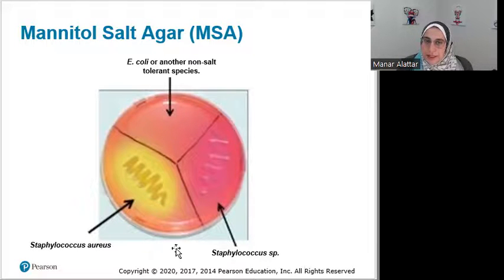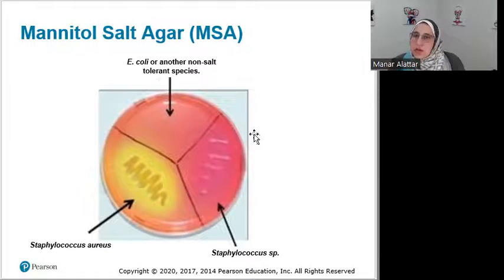So what happens here is the mannitol salt agar, the salt actually selects out for a number of different organisms. Specifically gram-negative organisms have just less protection around their physical cell, and so they tend not to be able to exist within these high salt levels.